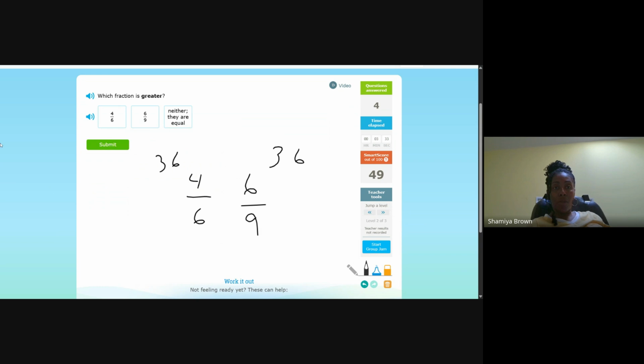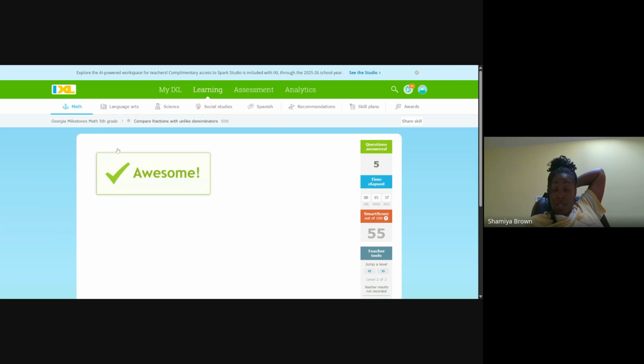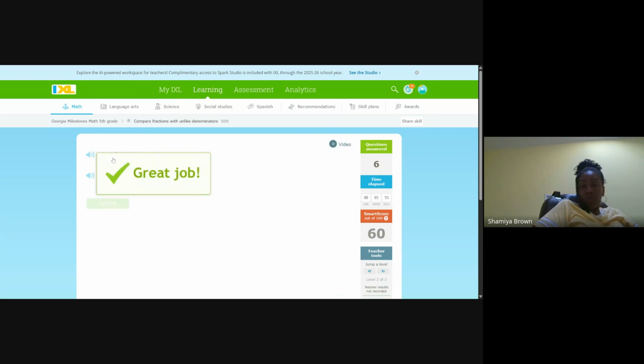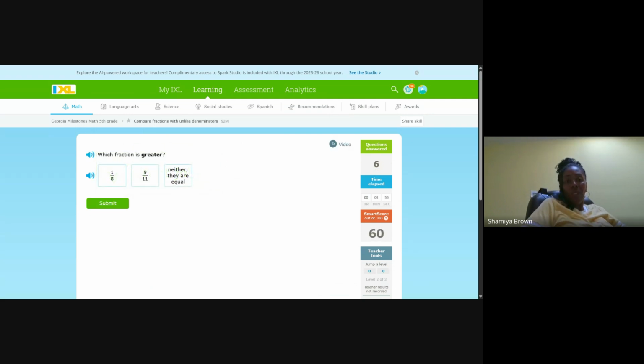So they're equal. So neither, they are equal. And which fraction is less? Well, this one is way far from being a whole. This one is definitely closer to being a whole, so this is bigger. So this one is less.